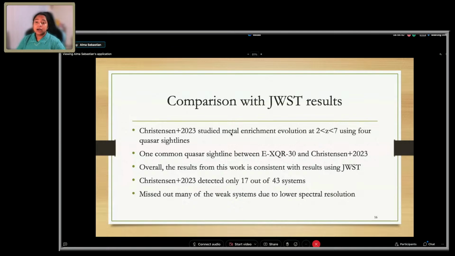In general, our results were consistent with each other, but their work actually detected only 17 out of 43 systems in that common sightline because they missed many of the weak Mg2 and carbon-4 and silicon-4 systems due to the lower spectral resolution of JWST. This emphasized the need for higher resolution spectroscopy even in the JWST era.